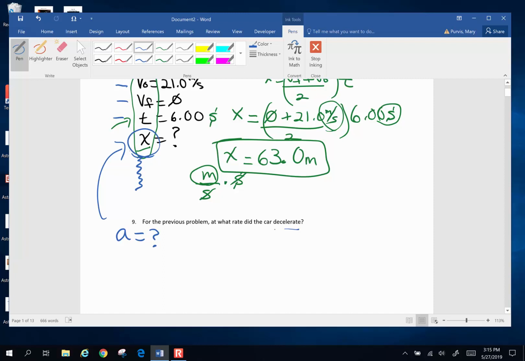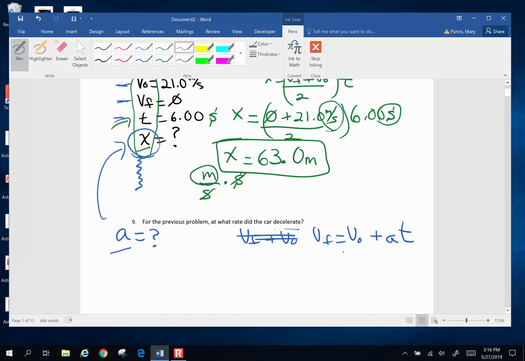So what equation has VO, VF, T, and A in it? Well, the equation is VF equals VO plus AT. Came out of my brain funny. And I'm looking for acceleration, so I'm going to have to do a little bit of algebra.